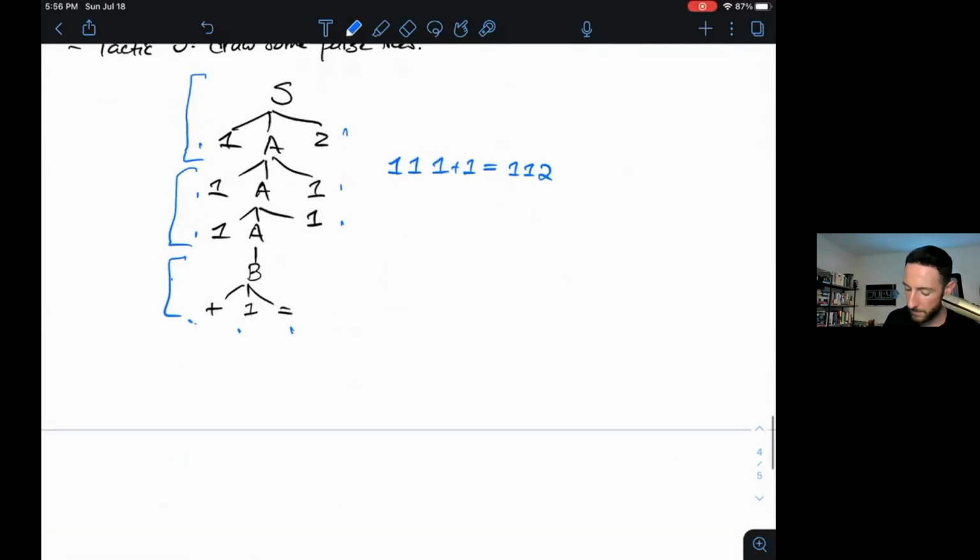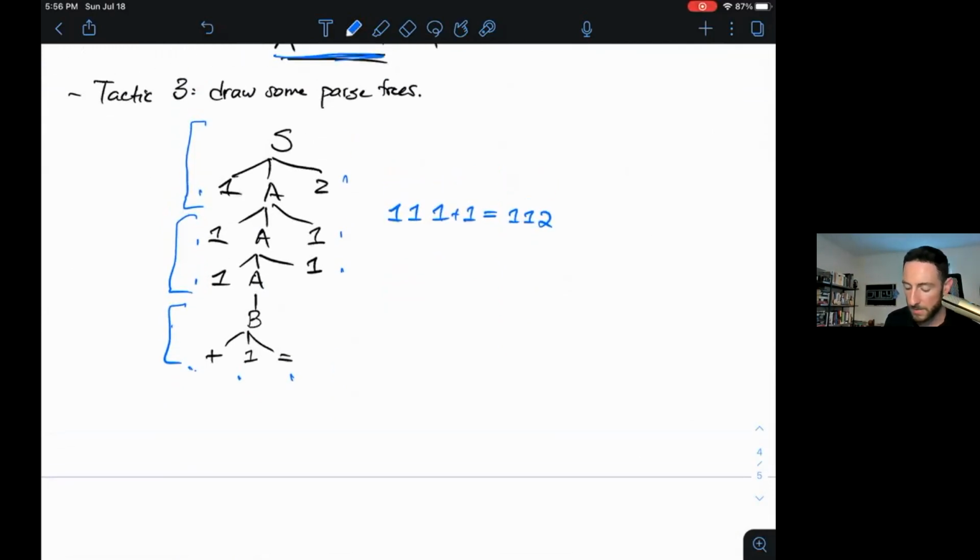In particular, in this case, I'm going to write the answer as a regular expression because this is a language that can be written out as a regular expression. All the strings that come out of this language are going to look like n 1s plus another 1 equals n minus 1 ones and then a 2, for some n greater than or equal to 0.